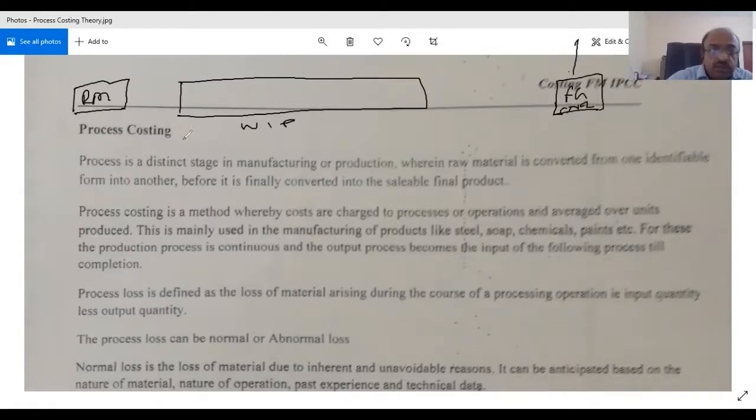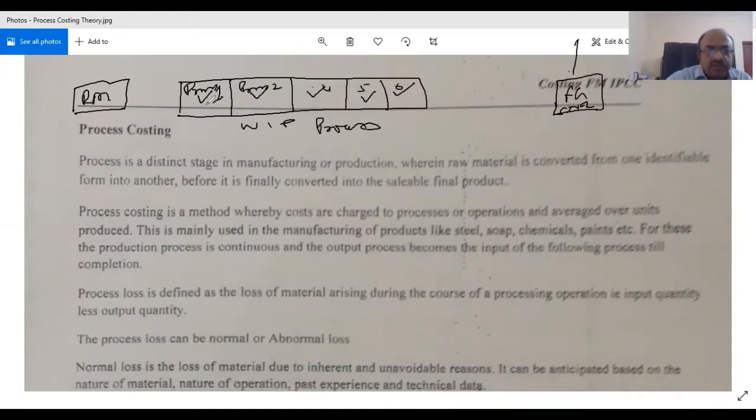Now imagine a situation where the WIP is separated into different buckets or different processes. Then you need to control this separately, this separately, this separately. So instead of calling it WIP, we'll call it process 1, instead of this, process 2, and so on: 4, 5, 6.